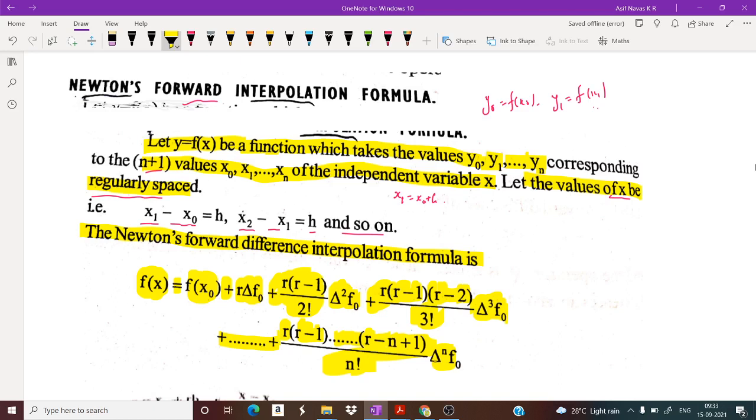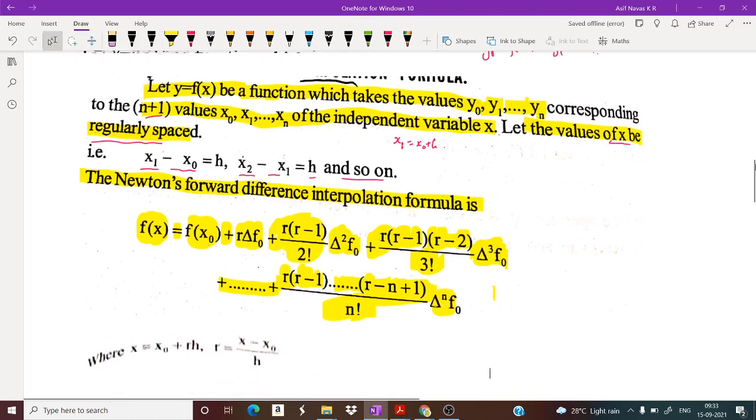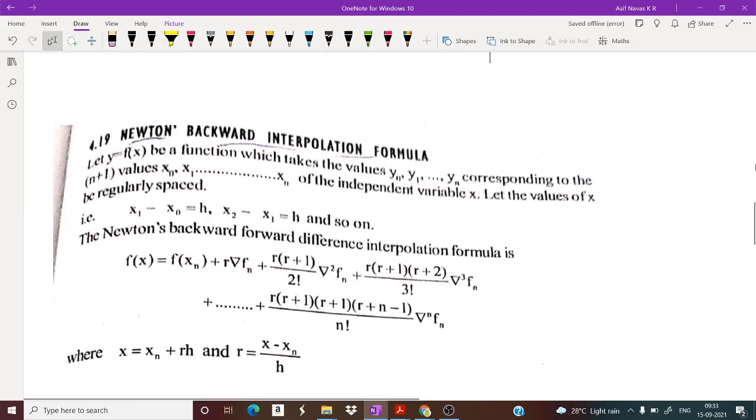So this is called Newton's forward interpolation formula.